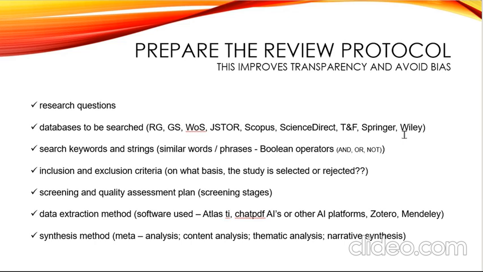Why is searching literature in these research databases important? Nowadays people are also using AI, but in AI there are some limitations that I will show you later, right? Collecting literature in research databases is the most authenticated and acceptable approach in journals and publications.